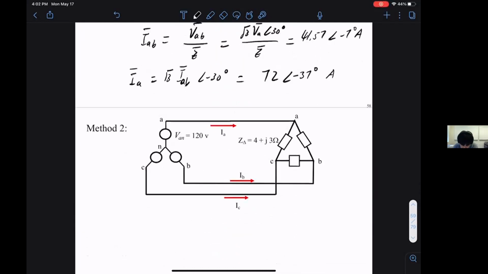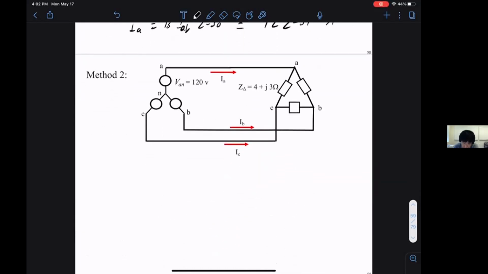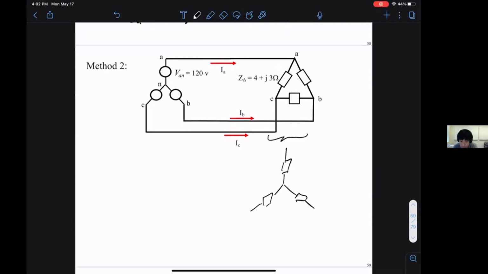An easier way to do this is to say, well, this is an equivalent Y load. Let me first convert this to a Y load. So the Y is the delta over 3. This is 1.67 angle 37 degrees ohms.